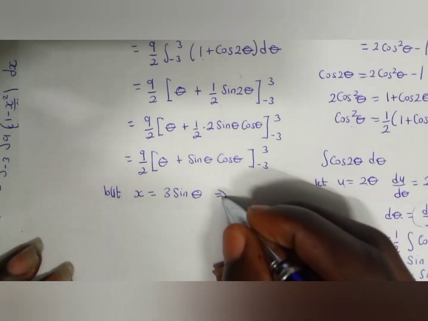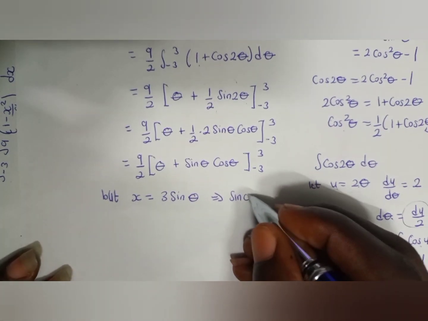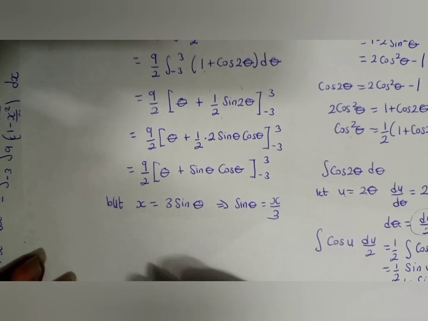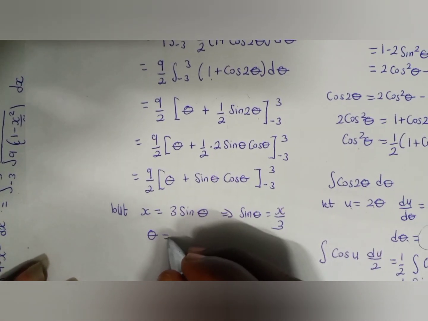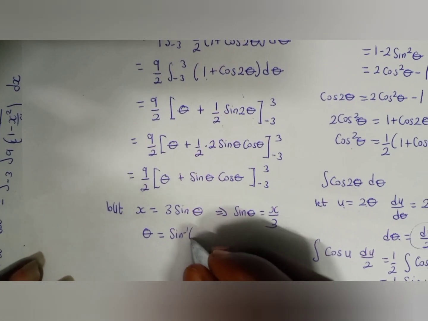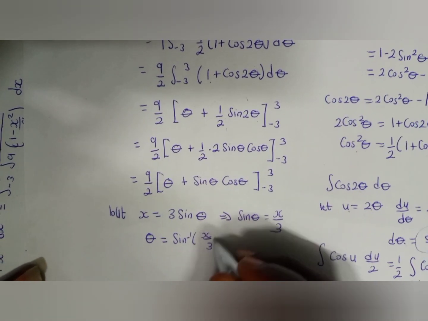This implies sine theta equals x out of 3. So theta equals sine inverse of x out of 3.